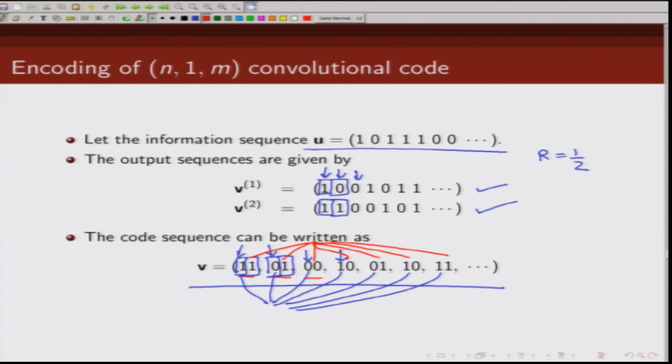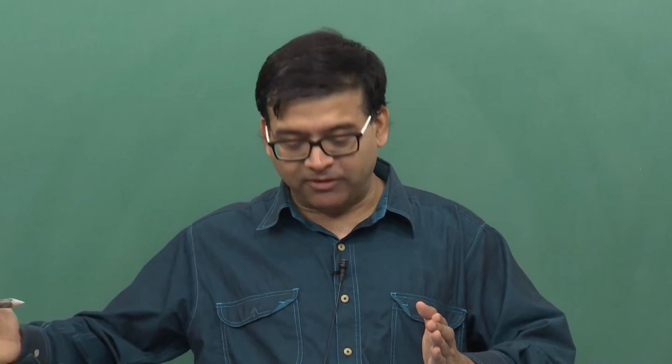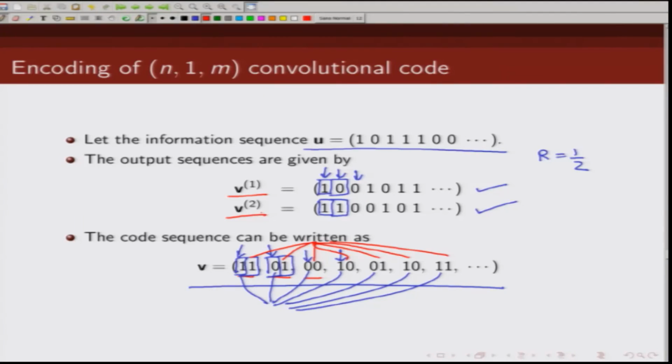So, what are you doing when you are combining these output sequences, which are V1 and V2? So, you are taking V1 as it is, only thing is it is spread out after every second bit, and V2 is delayed by 1 and it is also spread out. This is 1, this 1 is appearing here, this 0 is appearing here, this 0 is appearing here. So, every second bit is also from this encoded sequence, and note that this is delayed by 1 corresponding to V1.